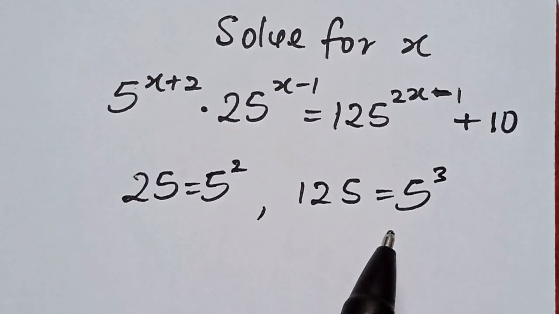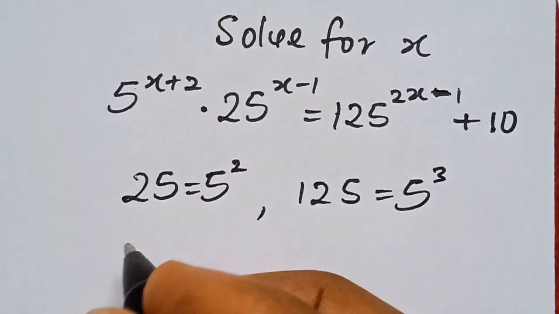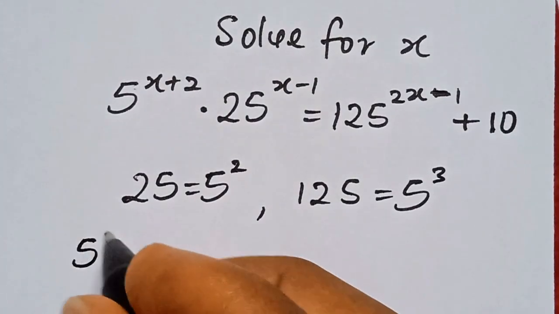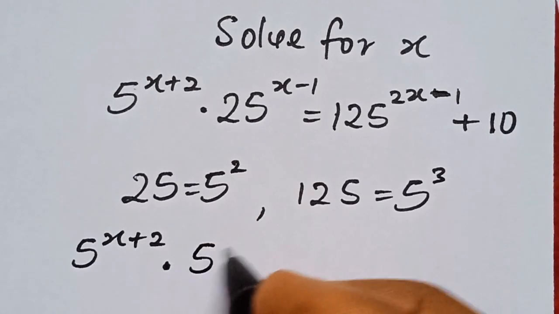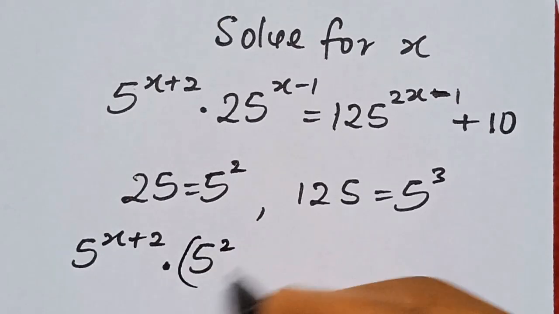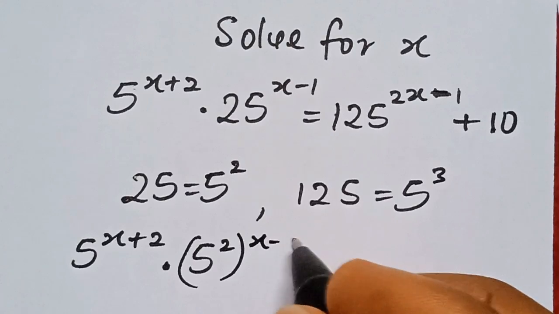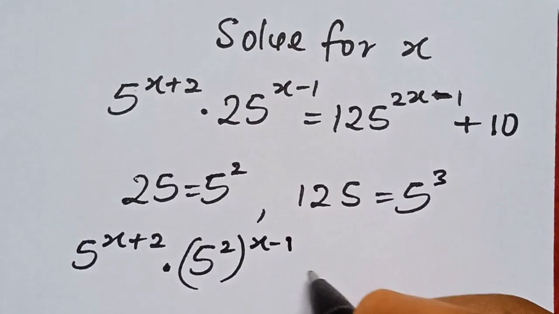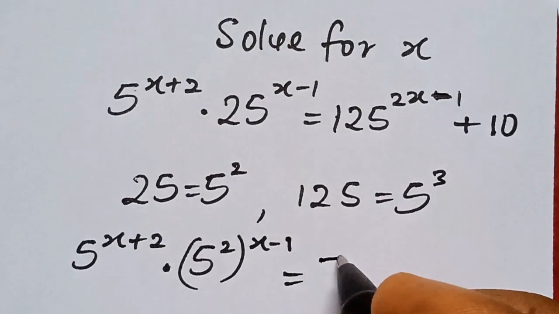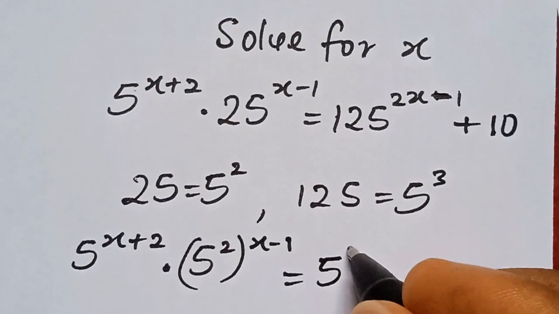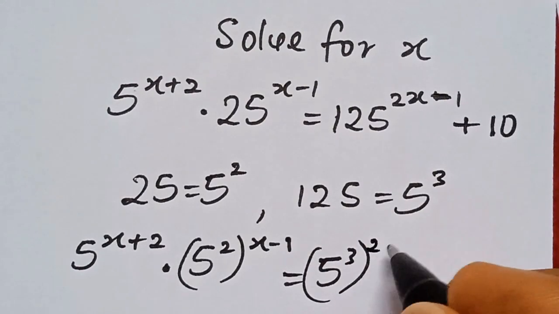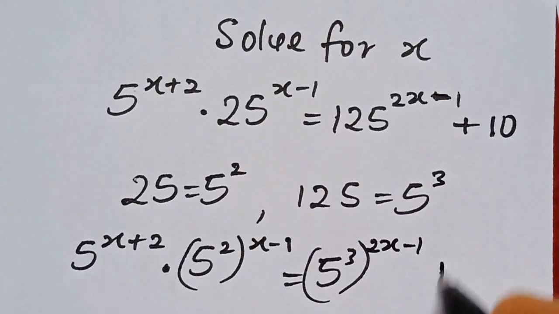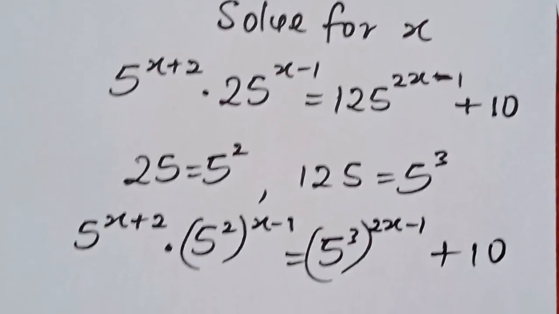So having put in this, then our expression now becomes 5^(x+2) multiplied by (5^2)^(x-1) equals (5^3)^(2x-1) plus 10.